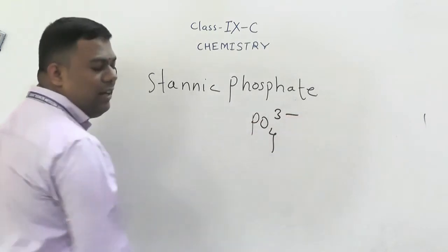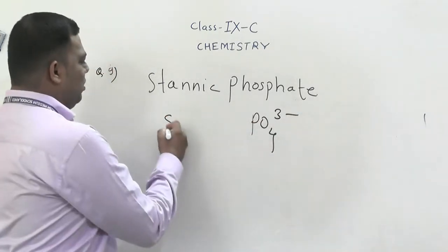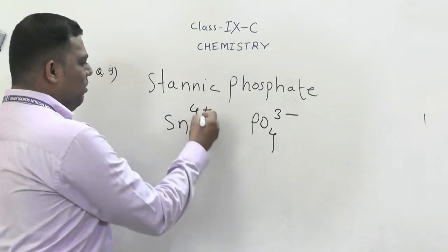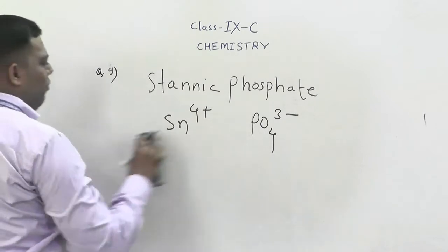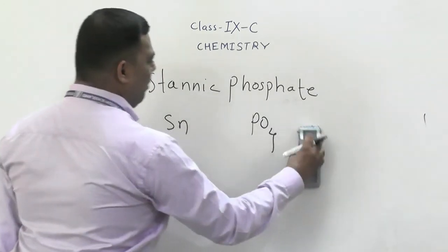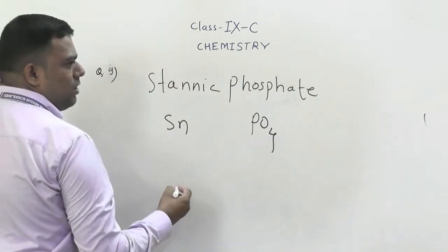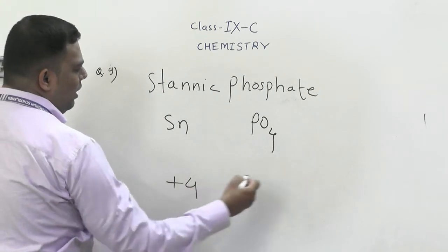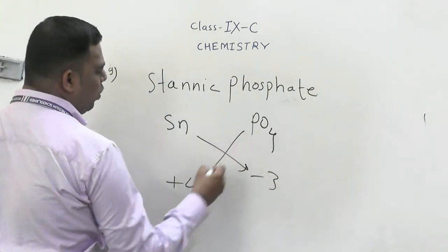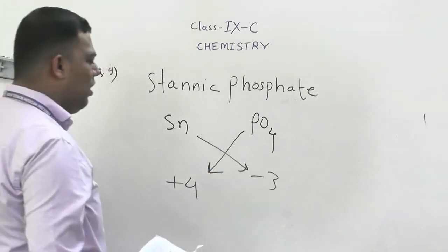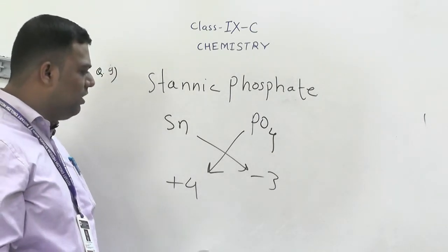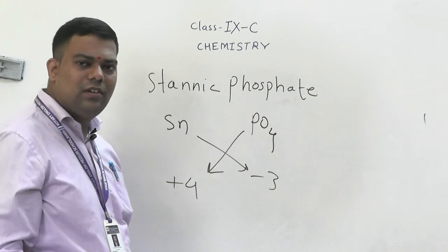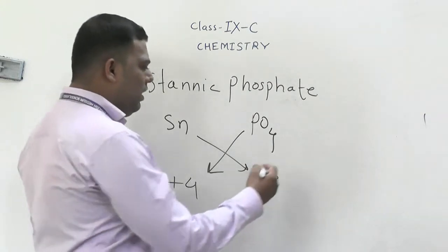Stannic is Sn4+. So when writing the chemical formula, with plus 4 here and minus 3 there, we do crossover valency. After crossover valency, what do you get? Sn3(PO4)4.